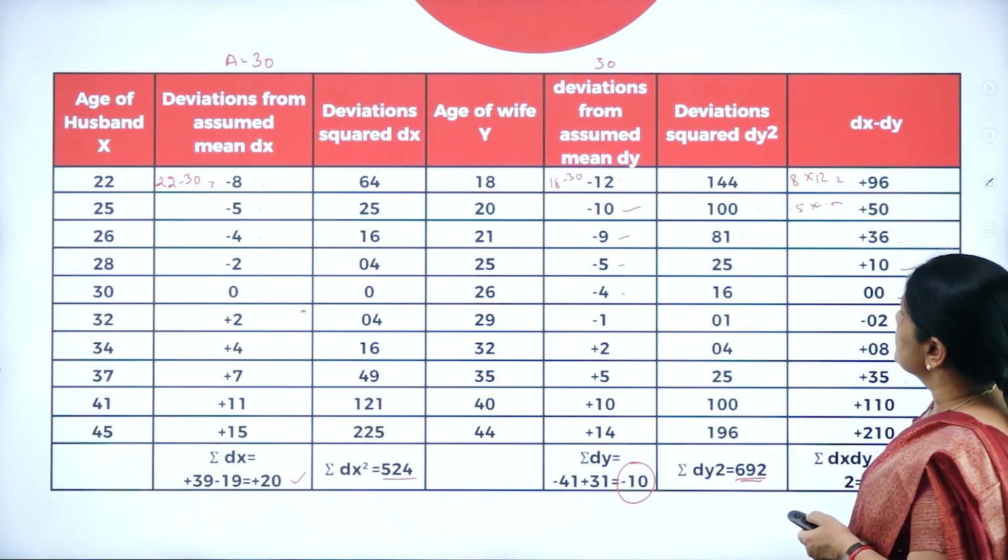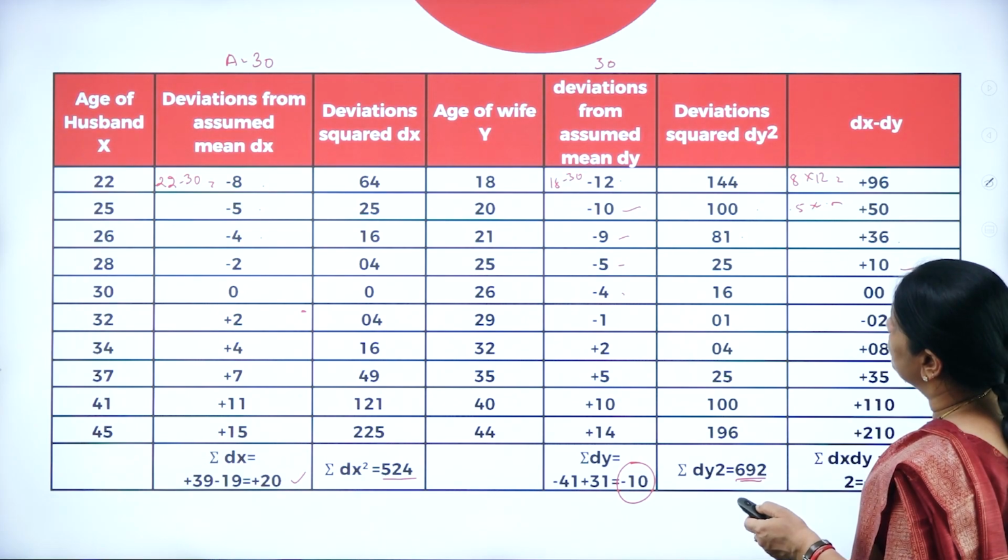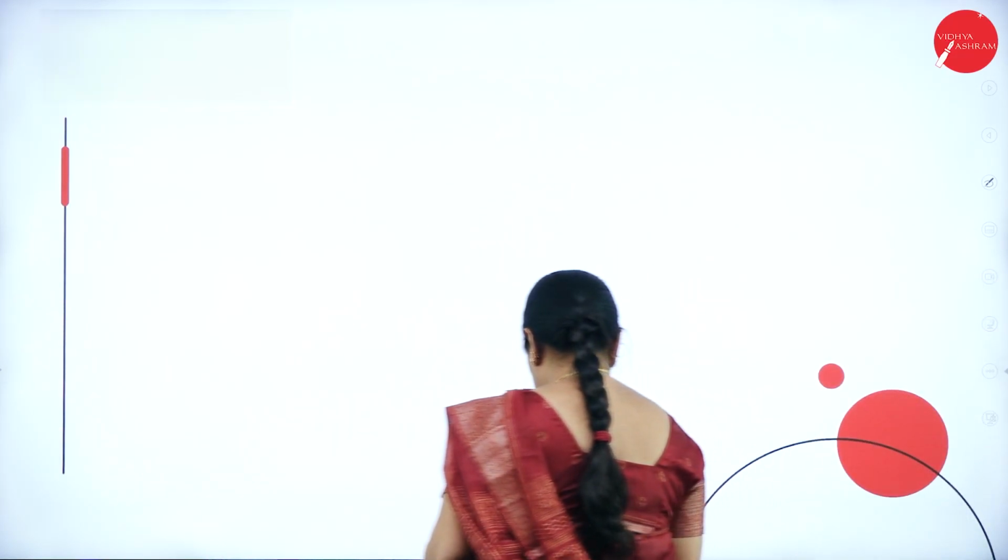Now when I substitute the values in the formula, so I have the formula here.